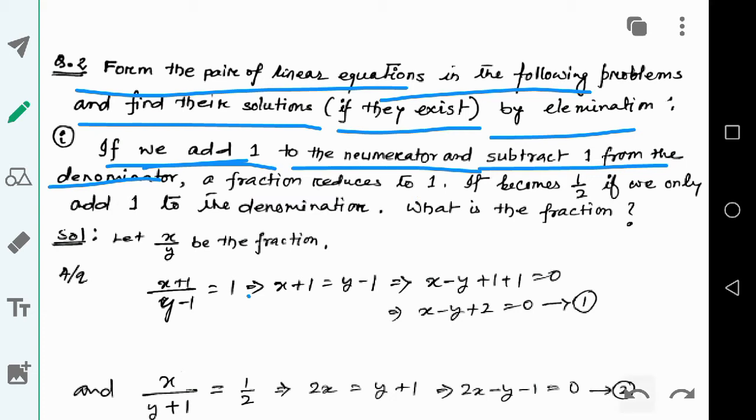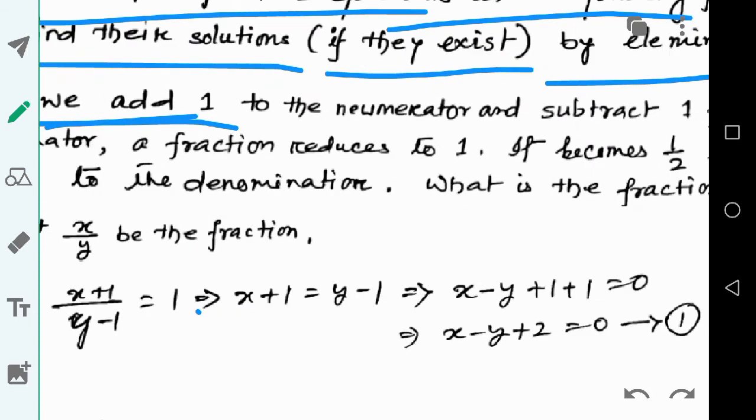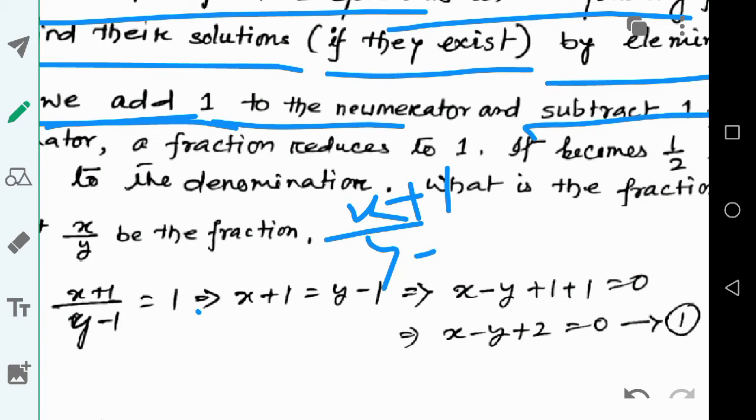Suppose we consider x by y to be the fraction, x is the numerator, then y must be the denominator. Here 1 is added to the numerator and 1 is subtracted from the denominator, that means y minus 1, then it reduces to 1.